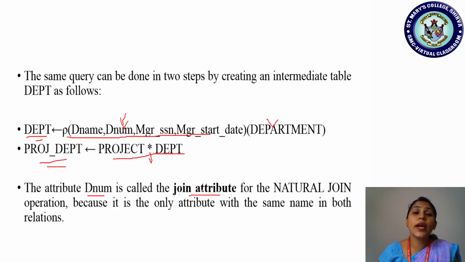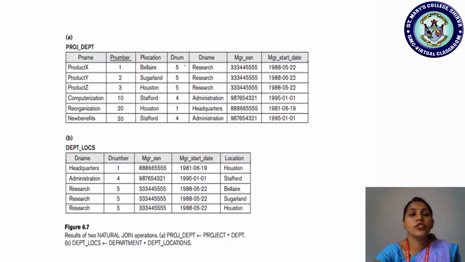So no need to write some external join condition like dnum of project is equal to dnum of department. No need to explicitly write the condition now, right? So as both the relations are having a common attribute named dnum, dnum will be considered as a join attribute for which one? Natural join operation.